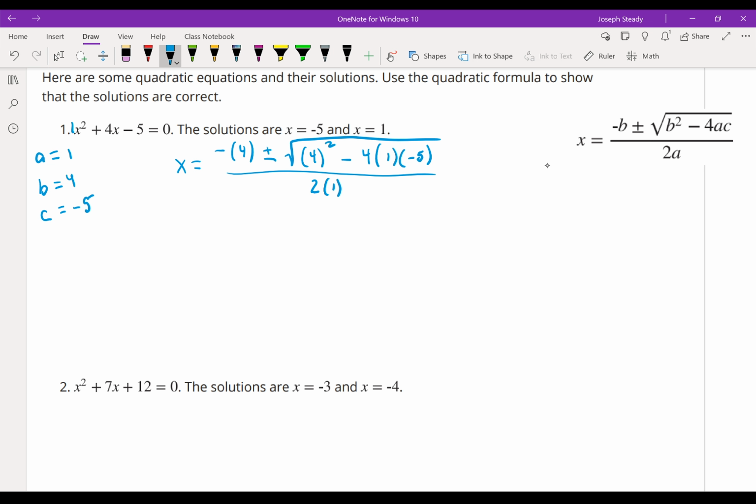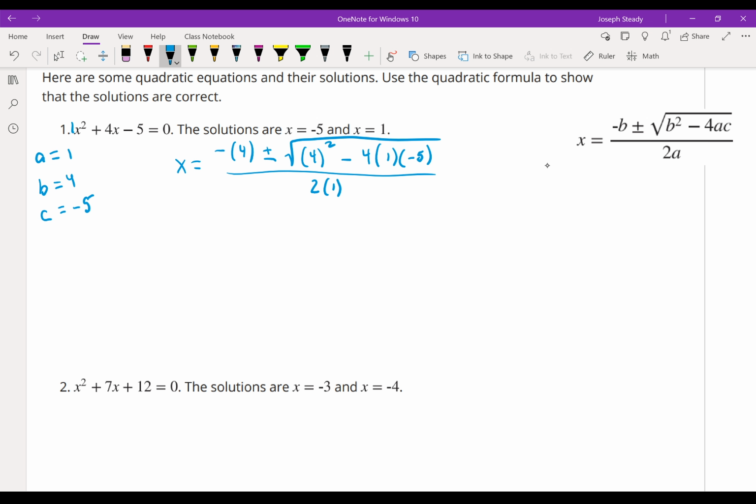So we've done what's usually actually the hard part of this problem, which is figuring out what a, b, and c are correctly, and then plugging them in without missing any negatives or putting any pieces in the wrong spots. The rest of this problem is just arithmetic. It is calculating out what does this mess actually simplify down to.